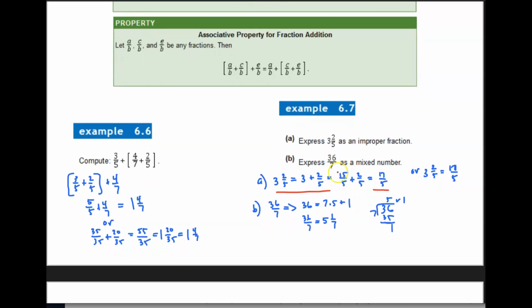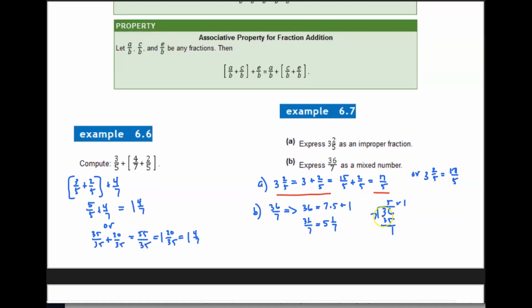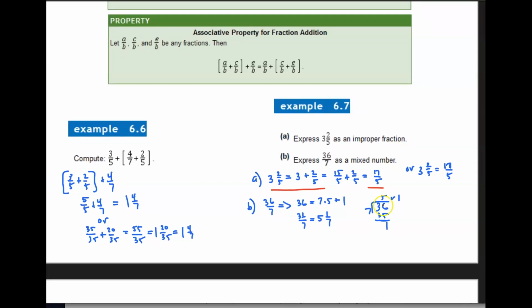And then the 36/7 is a mixed number. You'll see, right, 36 is 7 times 5 plus 1, so that's why it's 5 1/7, or use long division to do that. 36 divided by 7. 7 goes into 36 5 times, remainder 1, and so 5 1/7, right, is what you have.